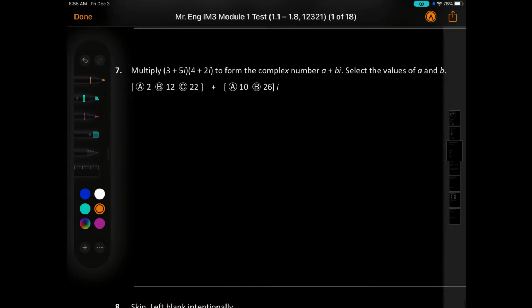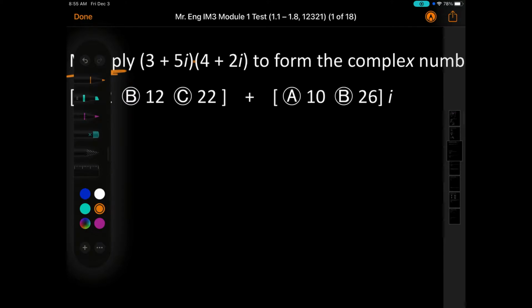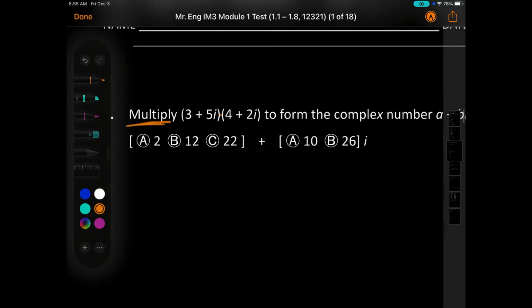Okay, it tells you to multiply. I already knew how to multiply because of this. Now, the common mistake for students is just to multiply the 3 times the 4, and then the 5i times the 2i. You can solve this problem by multiplying with FOIL, which I don't like, and then the box.